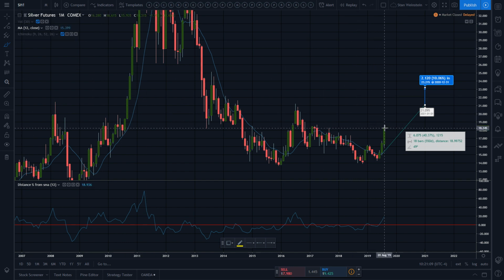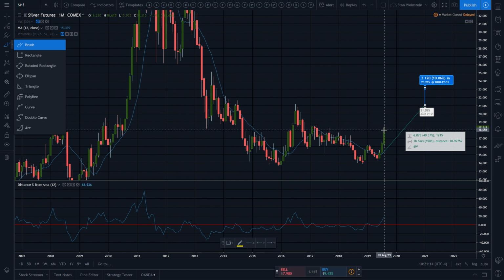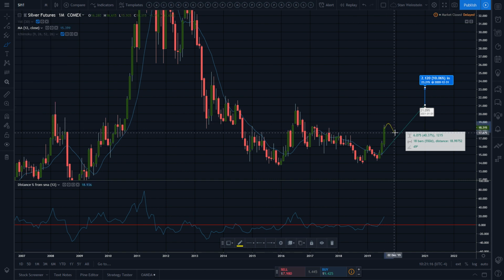Right now, the price action right here is 18% away from the 12-month moving average. So let's just say we're going down, hitting that resistance turned support, going up, hitting that resistance, going back down, hitting that 12-month moving average, going back up, busting through, and then price action ends here. That'd be my target.